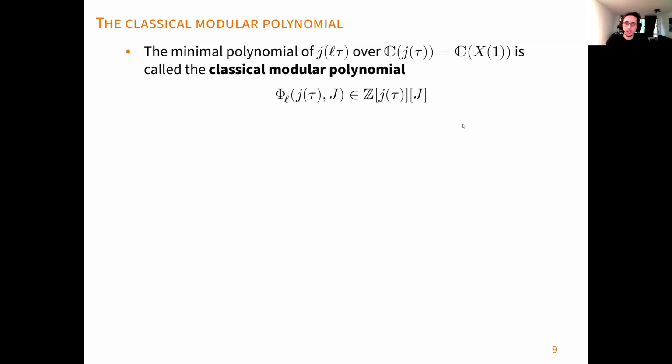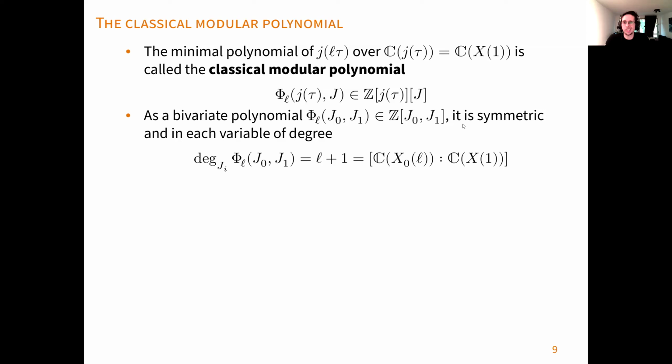Now, what isn't obvious is that this classical modular polynomial actually has integer polynomial coefficients in j tau, meaning that if we consider it as a bivariate polynomial, then it actually just has integer coefficients. But this is, of course, a nice property, and this comes down to the choice of modular functions that we make. And more than that, it's also a symmetric polynomial, which follows from something we will look at later. And in each variable, its degree is just L+1, which, as you recall, is the degree of this function field extension.